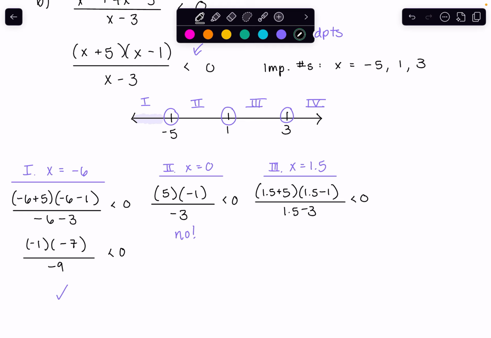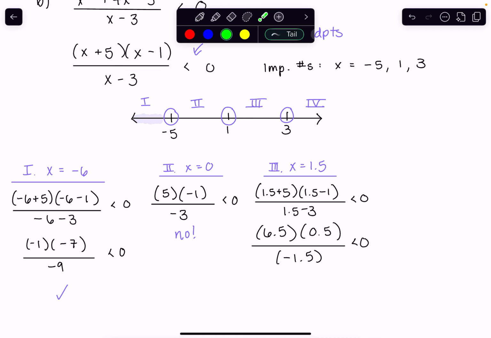And we want this to be less than 0. That gives me positive 6.5, positive 0.5, and negative 1.5 in the bottom. Again, do not care what any of this multiplies out to. Positive, positive, and then a negative. I have 1 negative. This thing is definitely overall negative. So it will work.